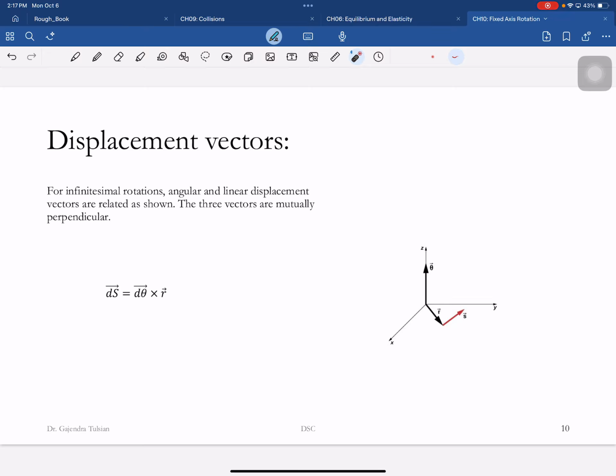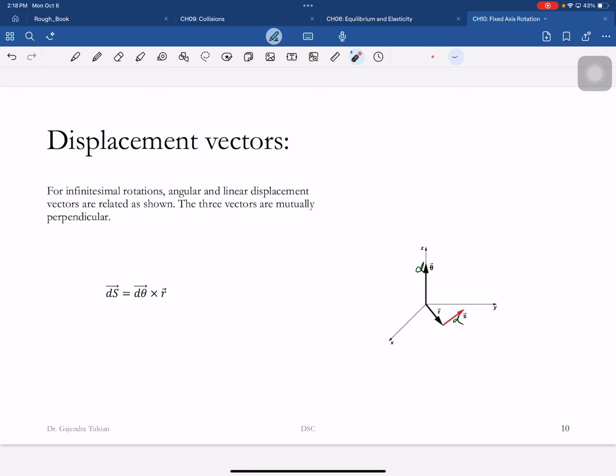Again, for finite displacements, angular displacement is not a vector, but for infinitesimal angular displacement, it is a vector. You don't have to know this. This diagram should be ds for small displacements, r d theta. What this is showing you is the vector relationship, the cross product: d theta cross r is ds, the small displacement of this point.